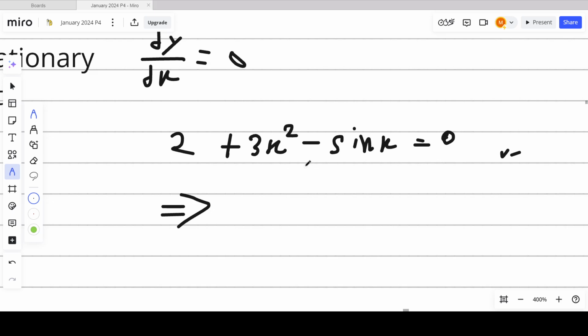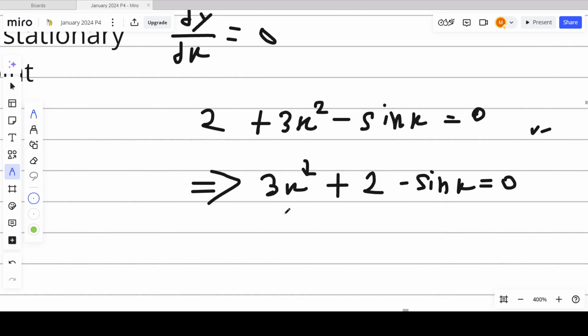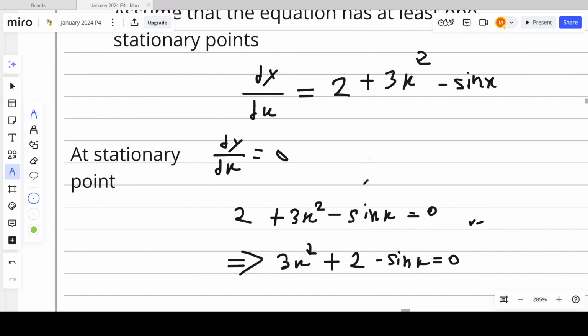We can rearrange this equation like this: 3x squared plus 2 negative sin x equals 0. Now what conclusion can I have from this equation? Before that, let me say another thing.